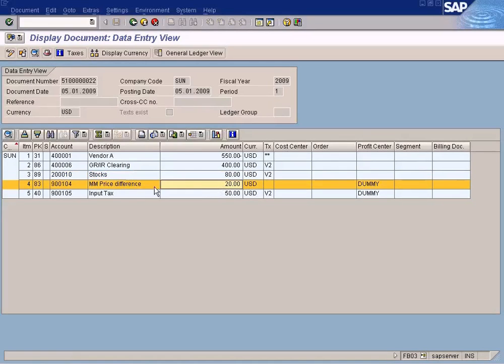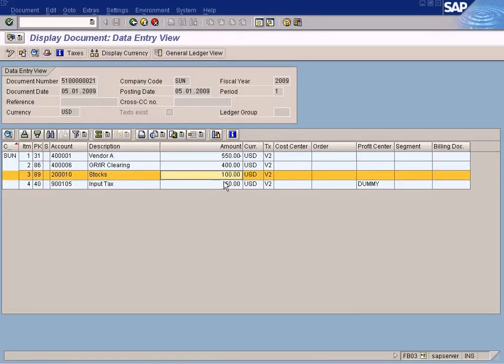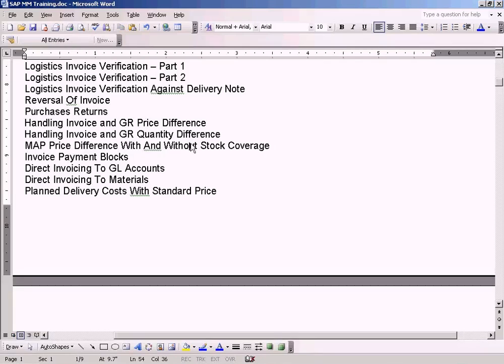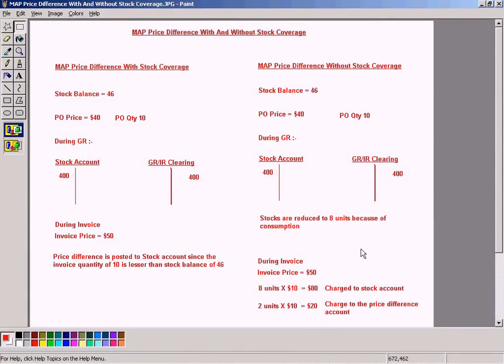See, the whole amount is posted to stock account for the price difference, whereas here only 8 units are posted to stock account, and the remaining 2 units is posted to price difference account. There is a difference between with and without stock coverage.